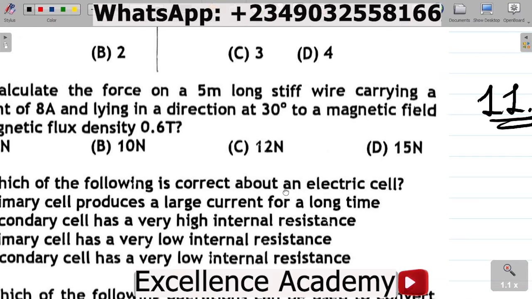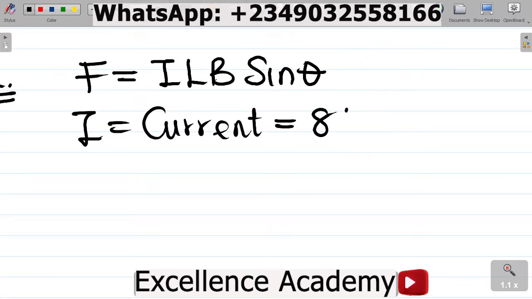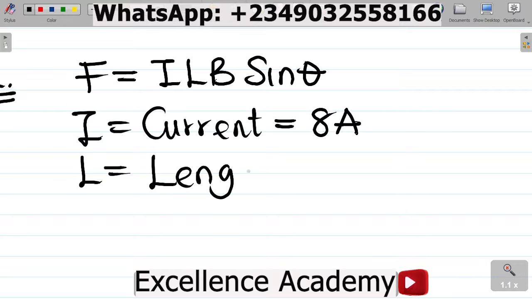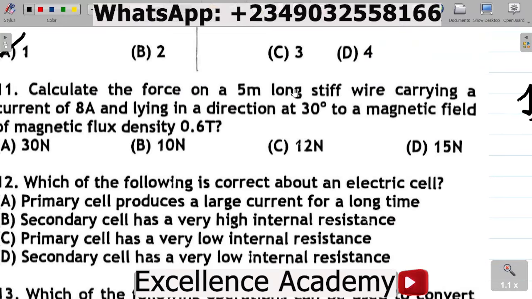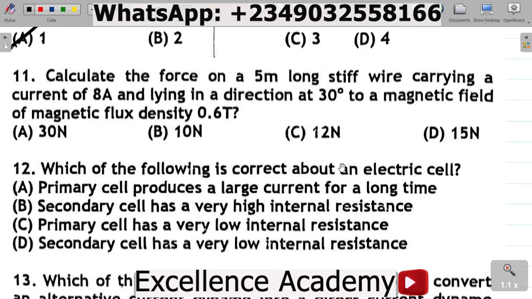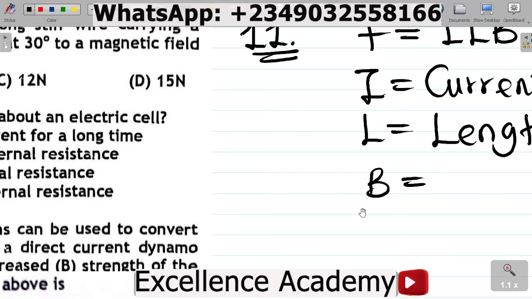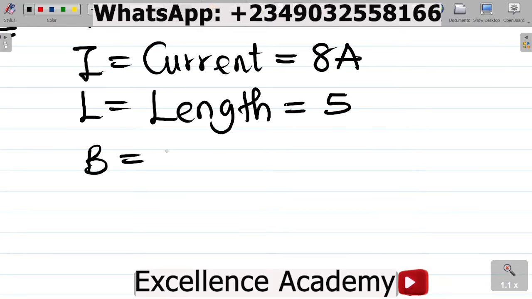From the question here, the value of the current is 8 amperes. L is simply the length of the conductor or length of the wire in this case, and the value of the length is 5 meters long. So L is 5. B is the magnetic flux density, and the value here is 0.6 Tesla.